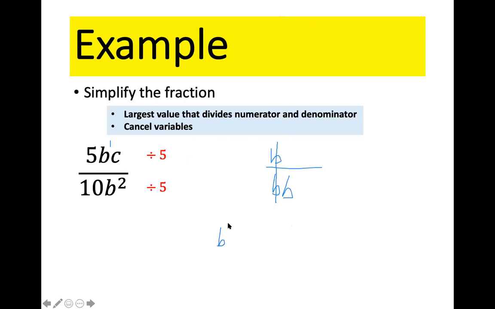So this would be b to the 1 minus 2. I got the 1 from here, the 2 from here. And 1 minus 2 is b to the negative 1. And we know that negative exponents live in the denominator, or live in the opposite of wherever they're at. So we can move that to the bottom and turn the exponent positive, and we would get 1 over b to the first.